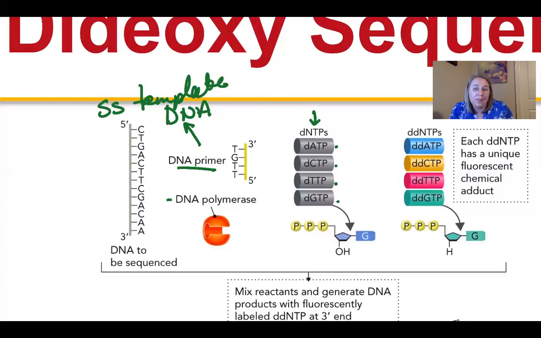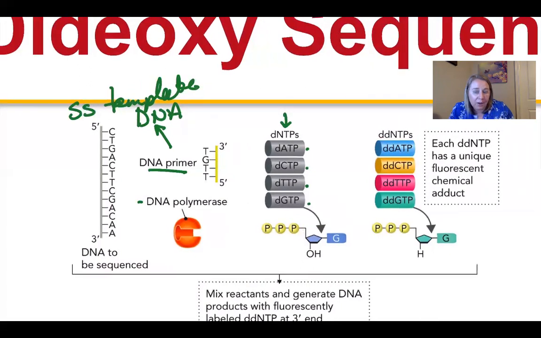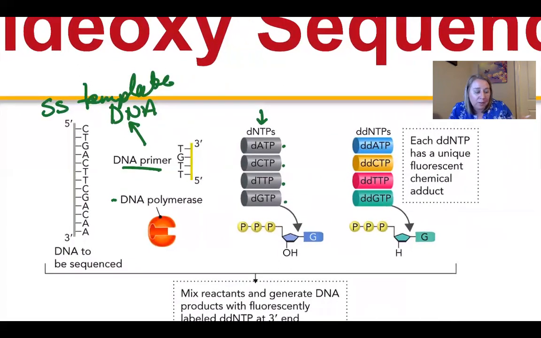Then you have these terminal nucleotides, the dideoxynucleosides, that are going to stop synthesis of the DNA strand when they get incorporated. But in addition to that, they also have a unique fluorescent chemical tag. So that's why they've colored them differently, because each one has a different tag. It fluoresces a different color.